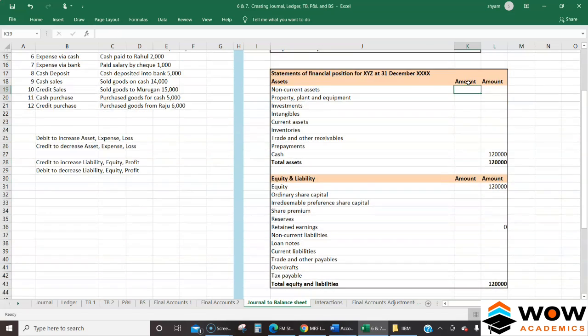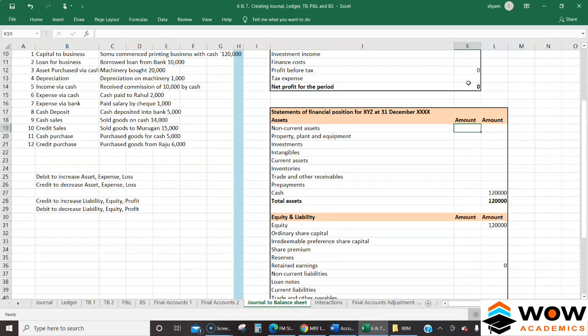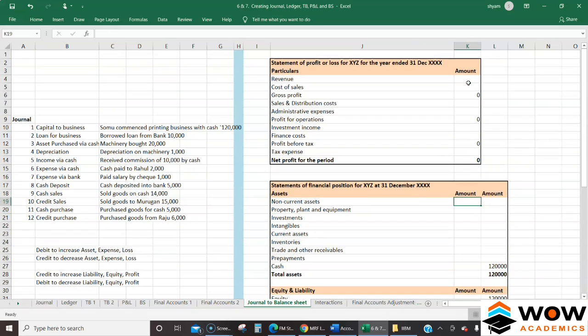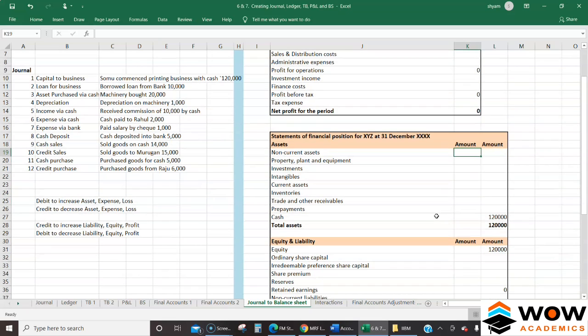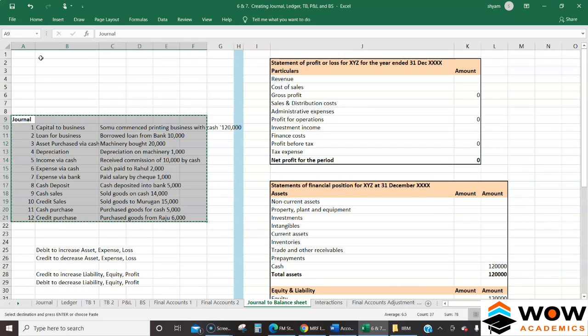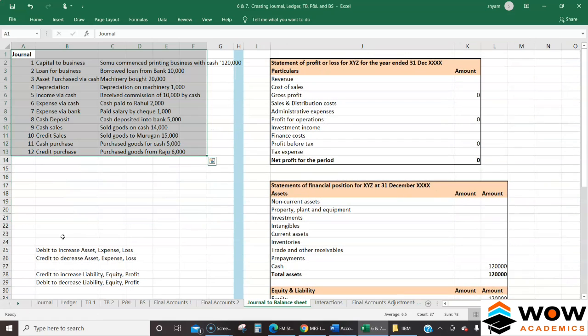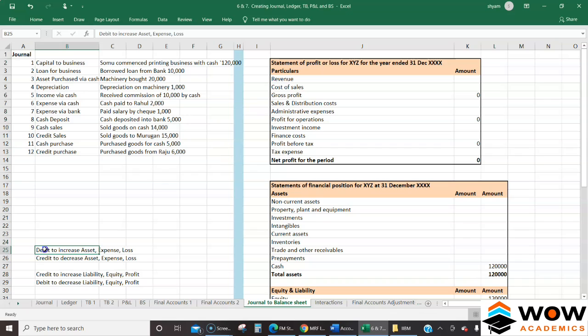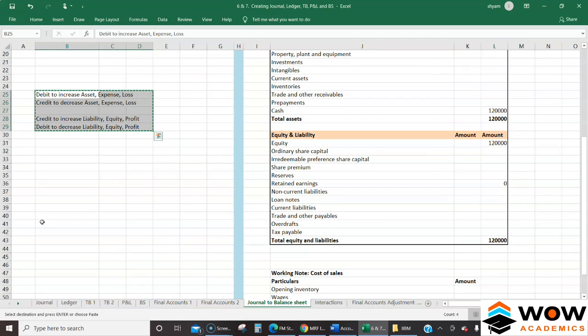Okay, so one entry we have done. I think it would be great if we could adjust all this like this, so that you could see it in one place.